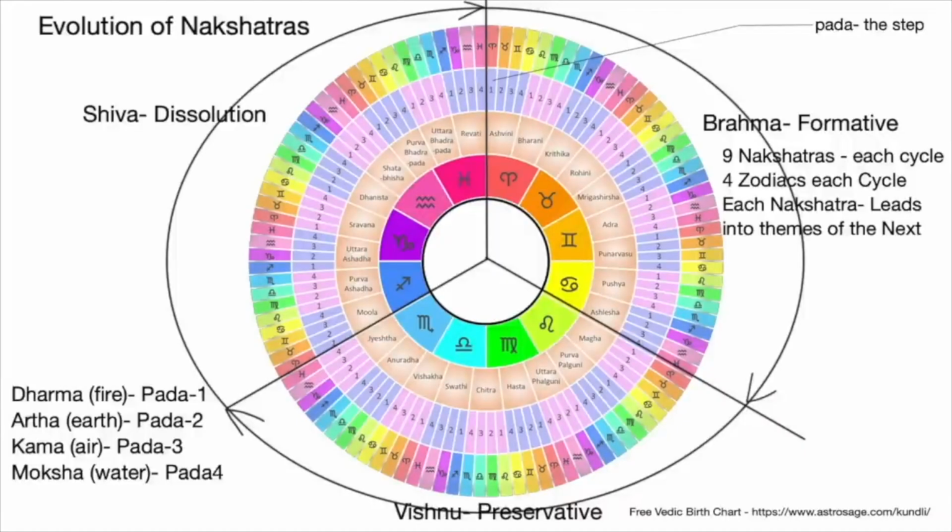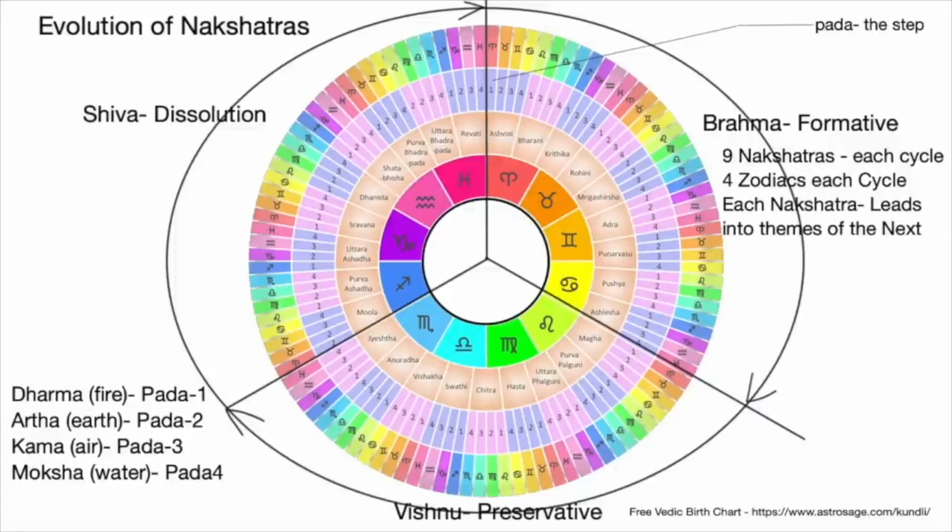So as you can see, even in this second picture, the nakshatras themselves seem to have a kind of evolution path to them. So the first 4 of them, Aries to Cancer, as I spoke about, is all about the Brahma, the formative energies. Right from the time you're born to your family, these create the formative energies for you.